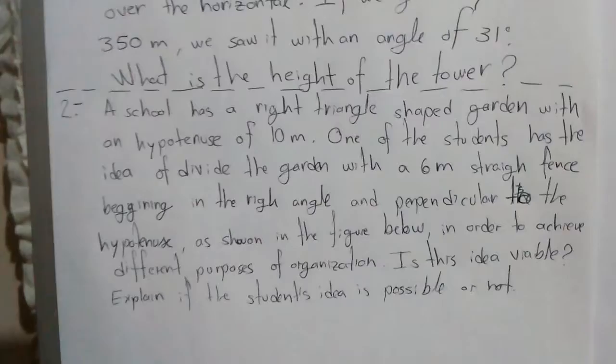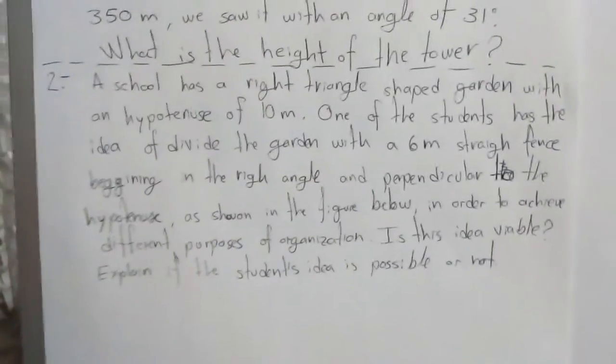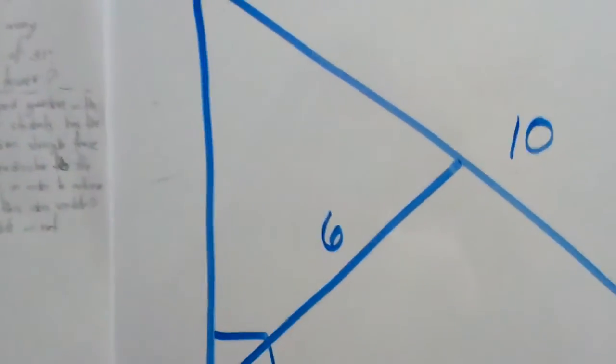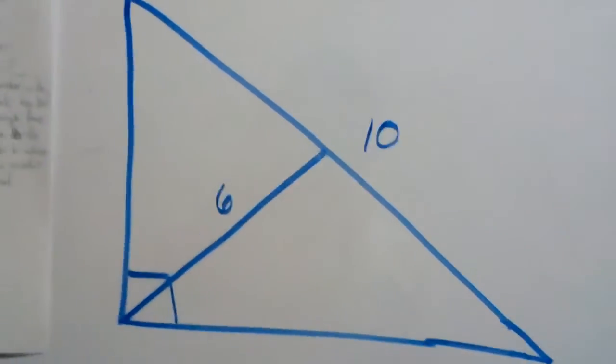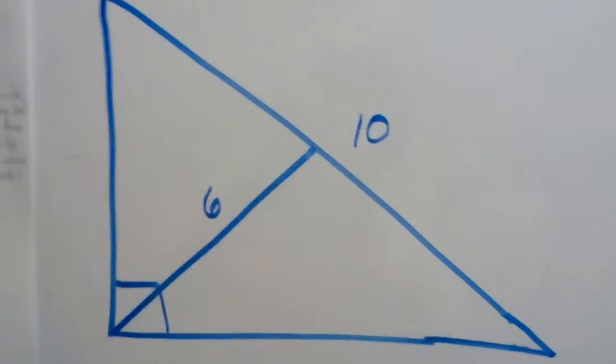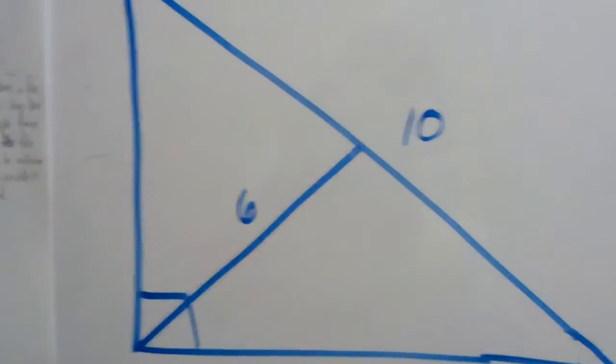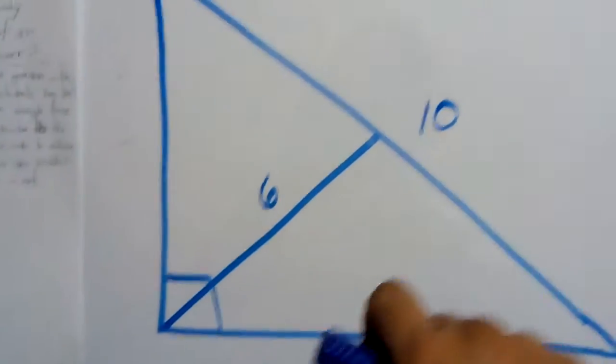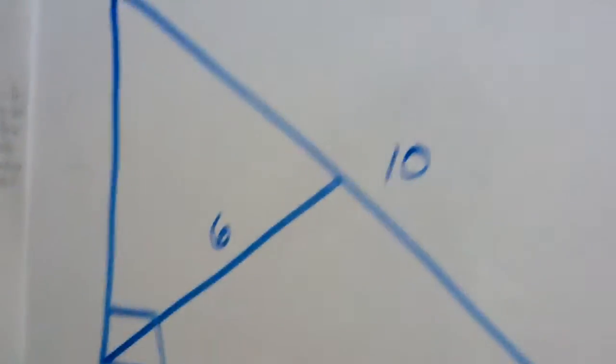So our goal with this problem is to prove if this idea is even achievable, even possible. The problem provides us with this figure. You have a right triangle. This is the right angle, and the hypotenuse is this one, opposite to the right angle, and it measures 10.